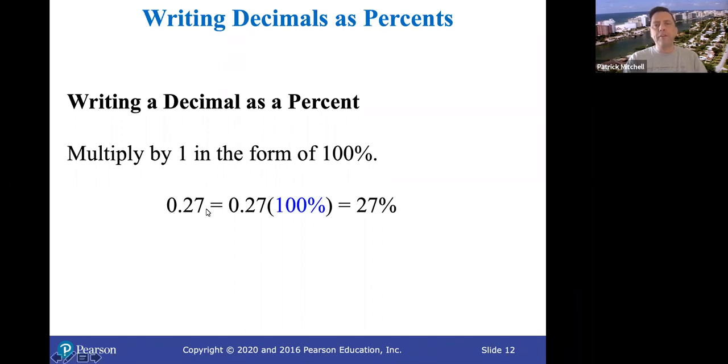So, for example, if you start with the decimal 27/100ths, multiply that by 100%, which is a form of 1. And remember that when you multiply by 100, it moves the decimal point 2 places to the right. So 27/100ths is the same as 27%.